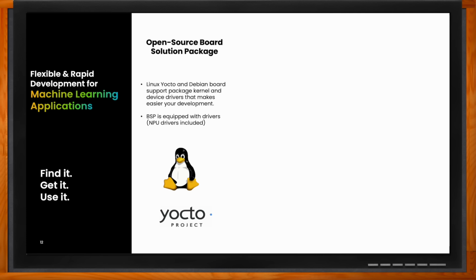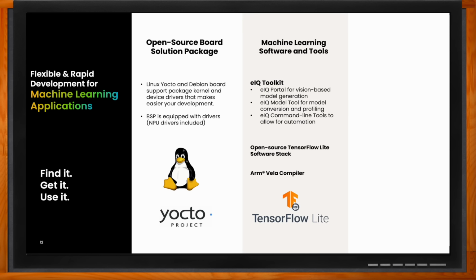But in both cases, these drivers are all included in the package, so you don't have to compile an operating system and then try to throw in the drivers. It's all included, so it's really easy to get started that way. The eIQ Toolkit is not just the porting tool. We also have other things in the tool, including support for machine learning operations on the i.MX 93.